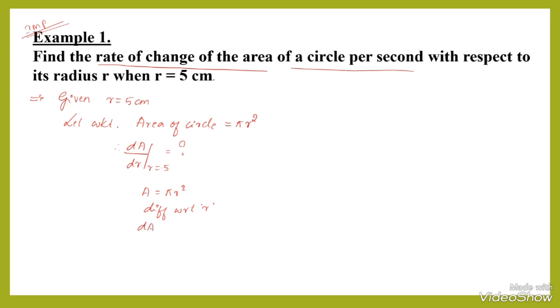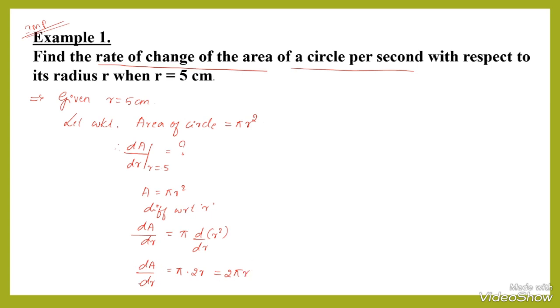So dA by dr equals pi, which becomes a constant, times d by dr of r square. Now dA by dr equals the constant times the differentiation of r square with respect to r, that is 2r. It becomes 2 pi r.